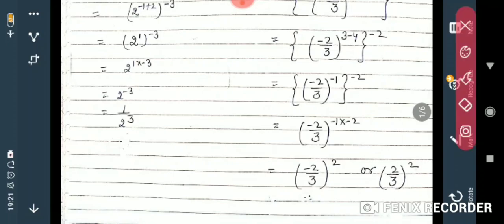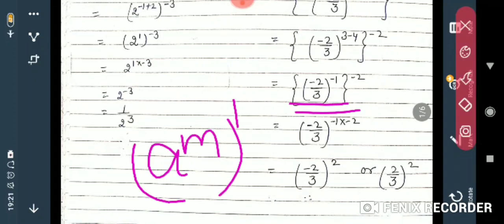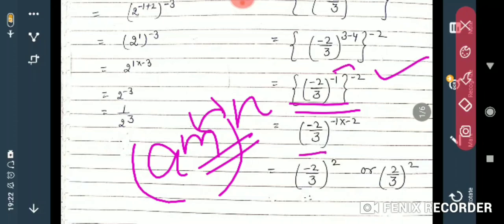Similarly, now which case? A to the power m, whole to the power n. When the powers are in this form, then the powers are multiplied. So minus 2 by 3 to the power minus 1 multiply minus 2. If you multiply minus 1 by minus 2, what will you get? 2, because minus minus plus.